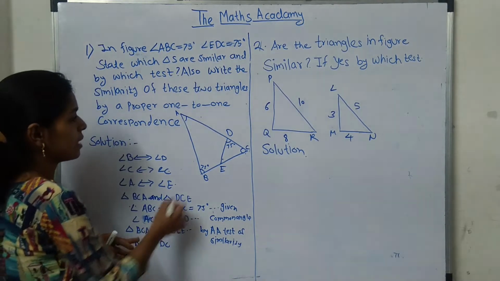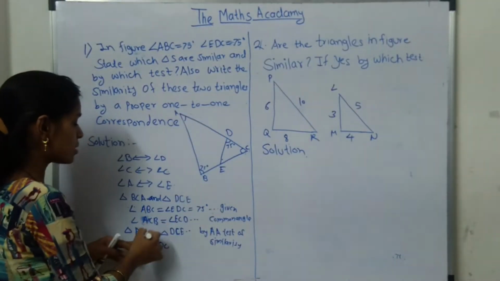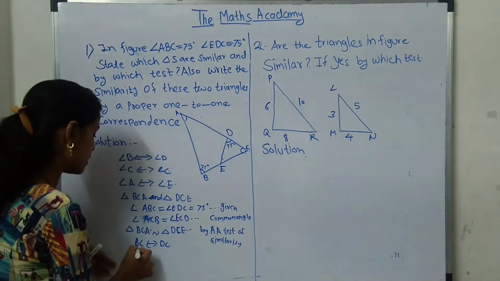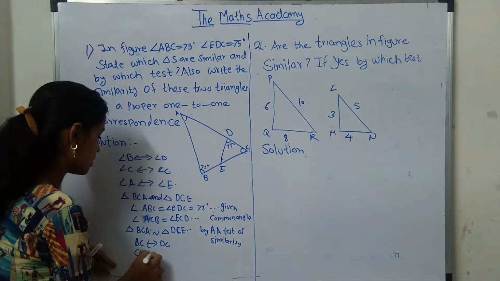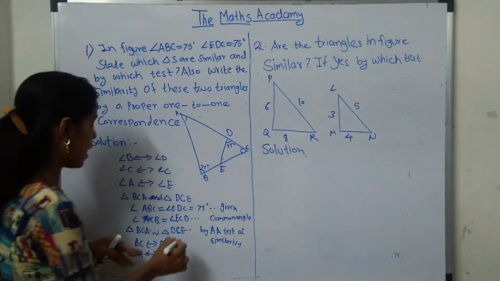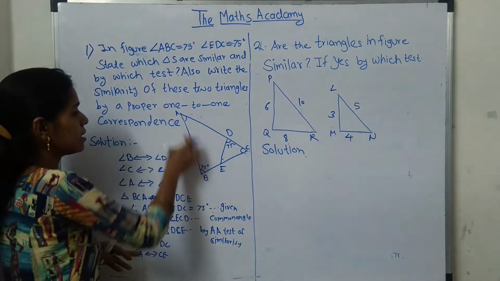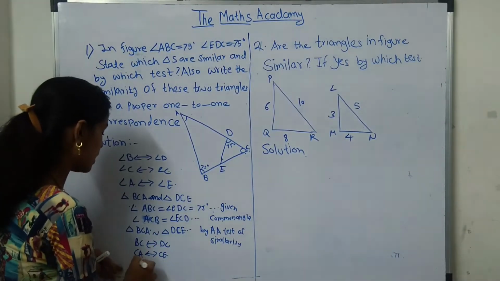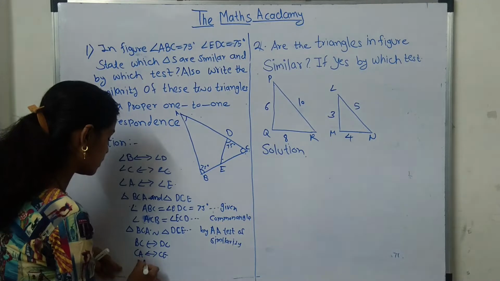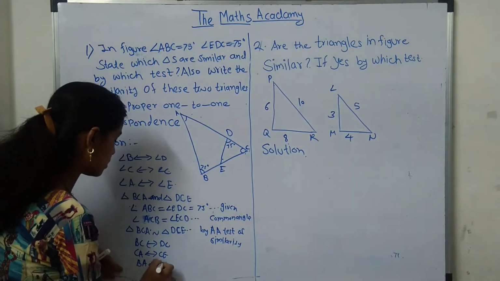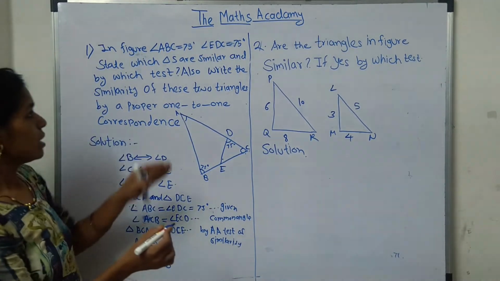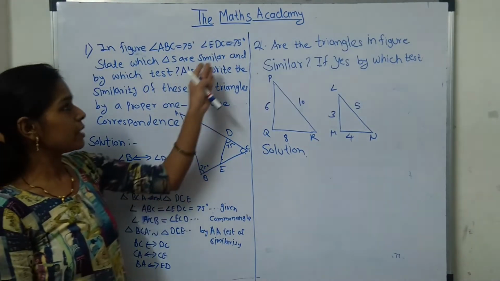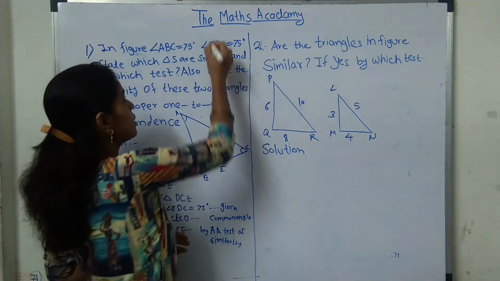Then side CA corresponds to side CE. And side BA corresponds to side ED. Okay, so that is about the first example of the practice set 1.3.